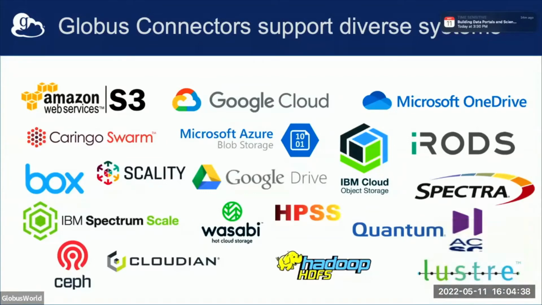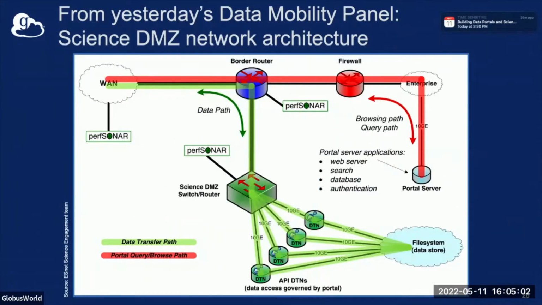It could be in S3, it could be in Google Cloud, it could be in HPSS, it could be behind iRODS. Doesn't really matter. Because you're using Globus Connect and accessing everything through it and its APIs, the storage is abstracted, and you can actually interact with storage on any of these things through the same interfaces.